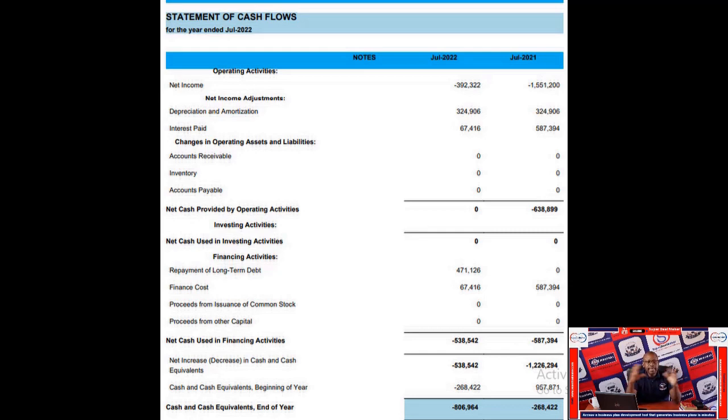Now, the cash flow from operating activities is supposed to be made up of your net profit, but you add back the depreciation, because depreciation is a theoretical figure. It's not necessarily the money that you spent, but the money that you provided for. You made an adjustment, if you can call it that.